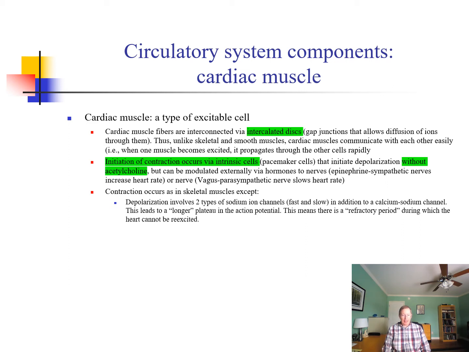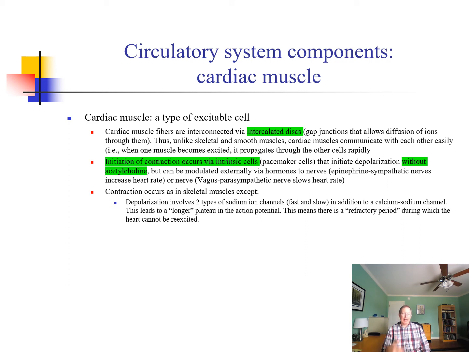The other thing is that my contraction occurs via intrinsic, what are called pacemaker cells. These initiate depolarization without acetylcholine. So that means that I don't have to have a nerve that synapses with the cardiac muscle that releases acetylcholine, binding with an acetylcholine receptor and opening up a sodium channel.